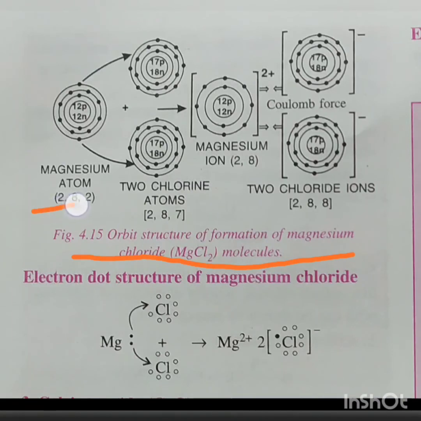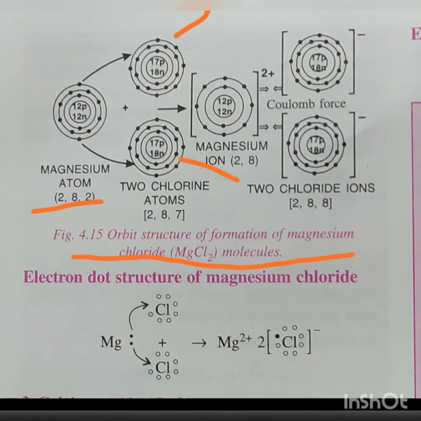The magnesium atom, having 2 electrons in the outermost shell, combines with 2 chlorine atoms and gives 1 electron to each of them, forming the compound with magnesium ion with 2 positive charges and chloride ions with negative charges.